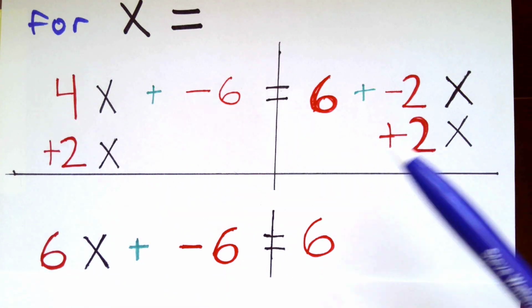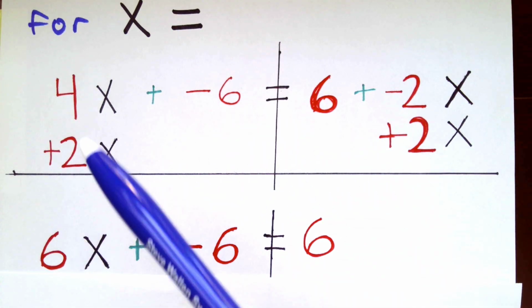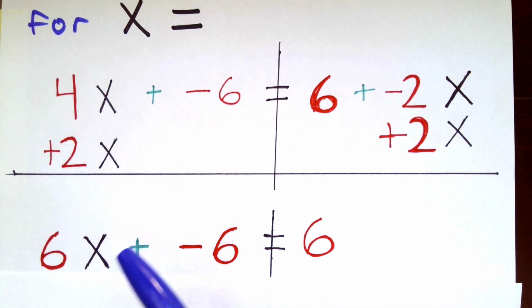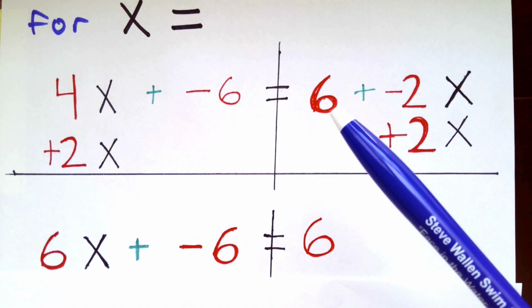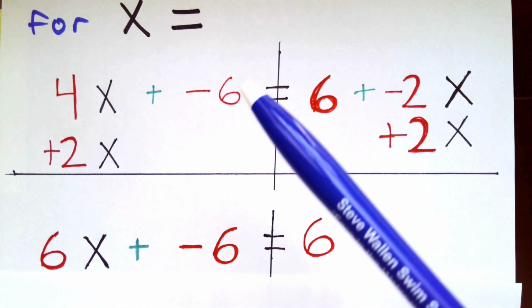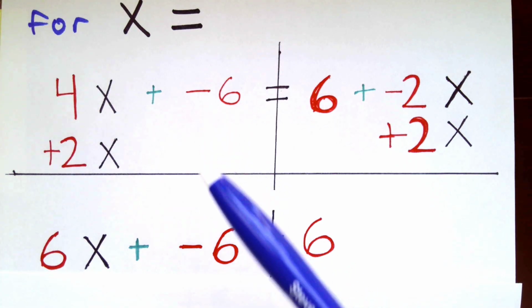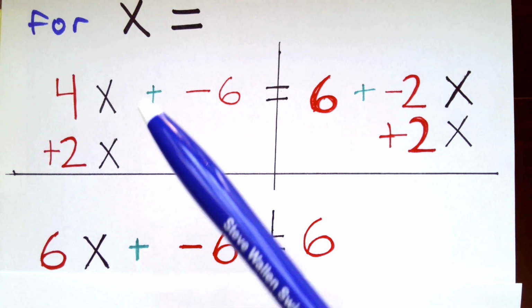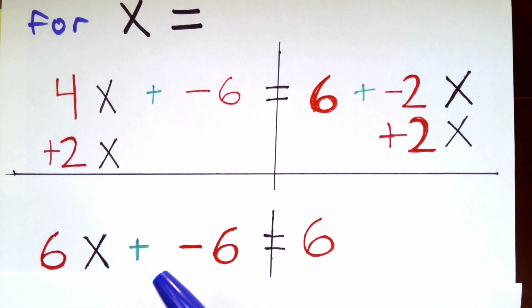So if I added 2x here, I've got to add 2x here. Now they're like terms. 4 plus 2 is 6. The x is attached through multiplication, right? And so I just rewrite my equal sign, rewrite the negative 6, and of course I can separate two terms with the plus sign, and that's what I'm doing here.